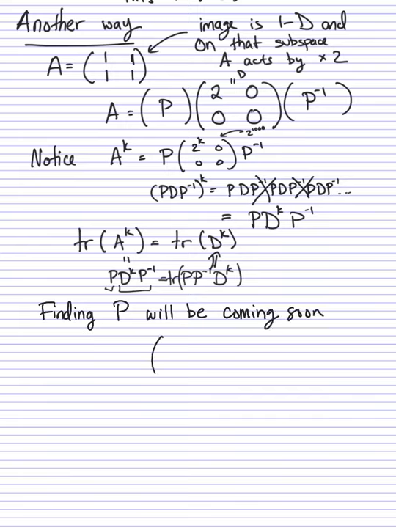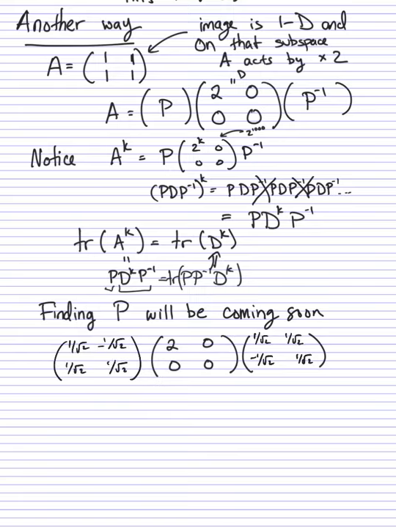Maybe I'll just, since you believe me, write this as 2, 0, 0, 0. And you can check if I put 1 over square root of 2, 1 over square root of 2, 1 over square root of 2, negative 1 over square root of 2, and then here should be the inverse, and we know the formula for these. I think I did that right. Something like this, then this is precisely going to be 1, 1, 1, 1.